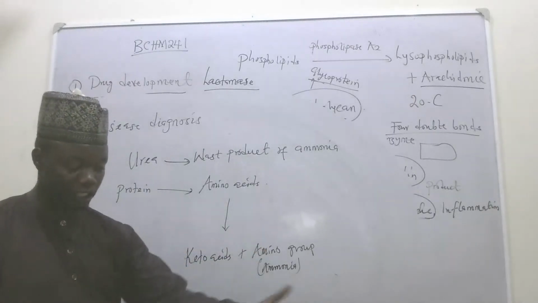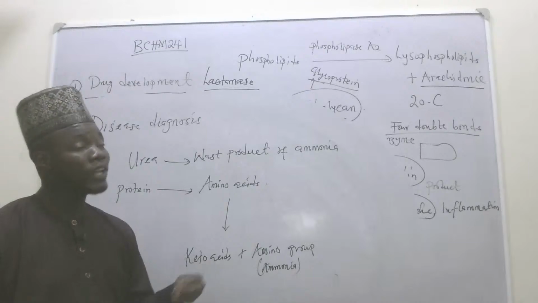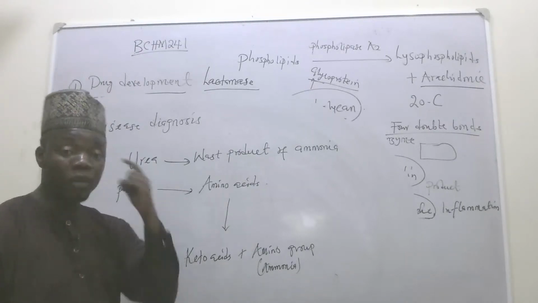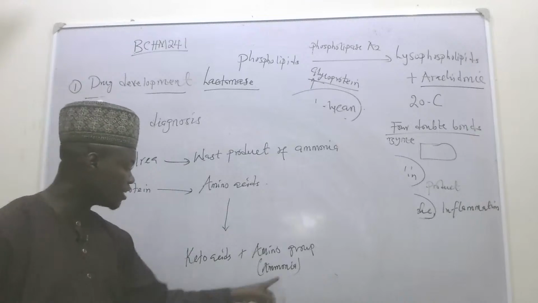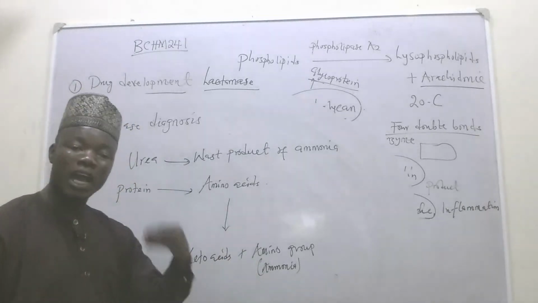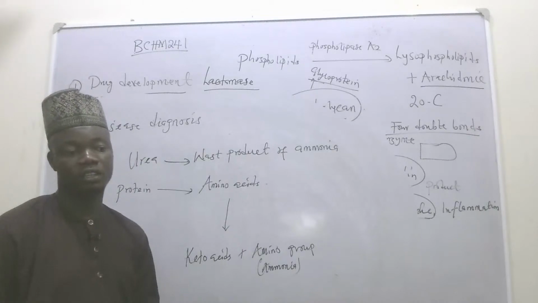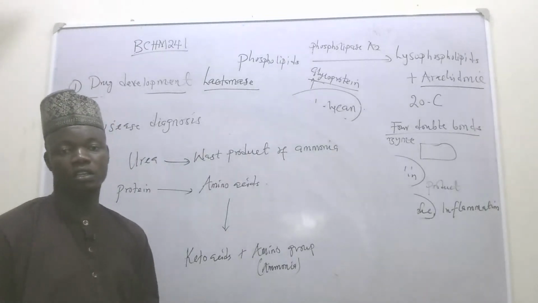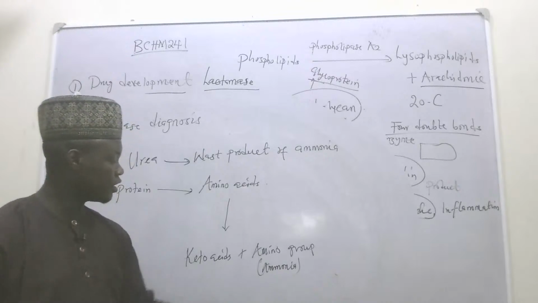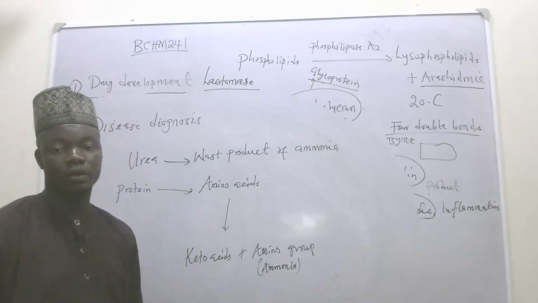Sometimes if you have a patient in hospital suffering from mental disorder, it may be as a result of colossal accumulation of this ammonia. If you have someone in coma or in convulsion, it may be as a result of this increase of ammonia in the body.